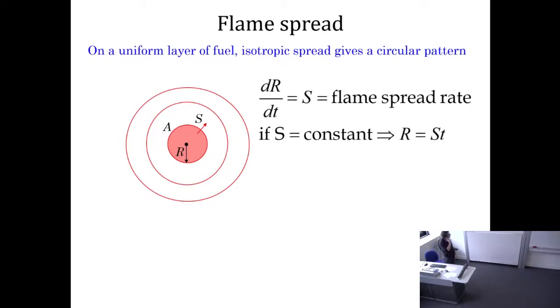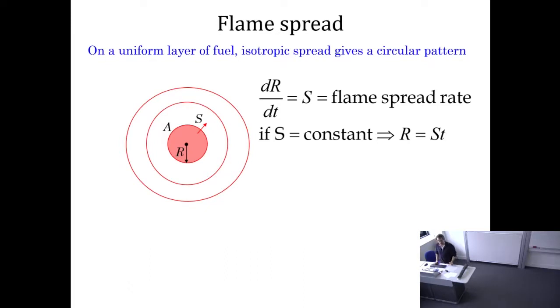Then the derivative of the radius of the area that is burning will be the spread rate, S, which is a constant. If it's a constant, then the radius will be a linear function of time. The radius will increase linearly with the spread rate.